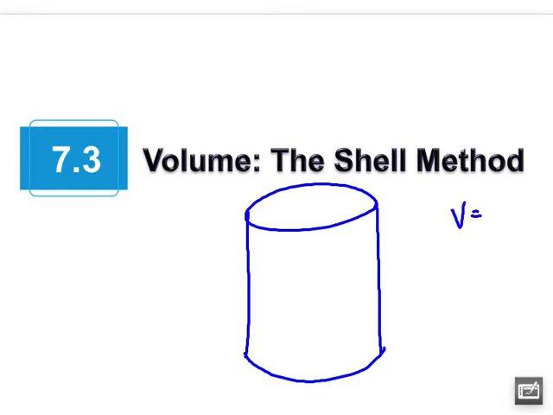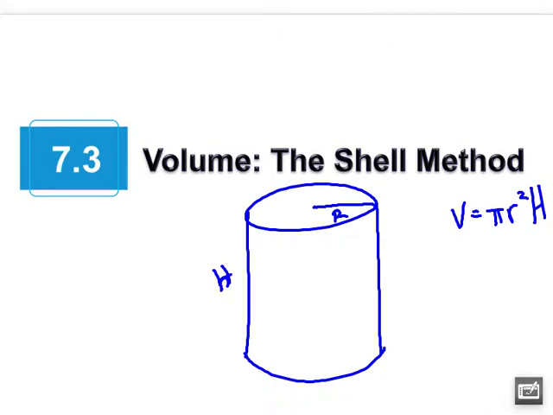Given, of course, that this would be H and this would be, we're going to use capital R in this case. Okay, pi r squared H. Beautiful. Technically, that should be a capital H because we're talking about the height of a three-dimensional figure. And capital R, right? Okay.